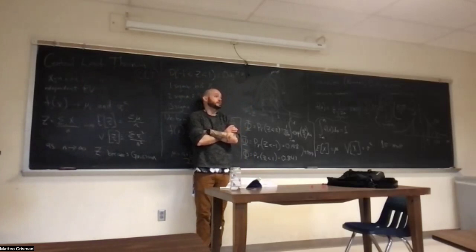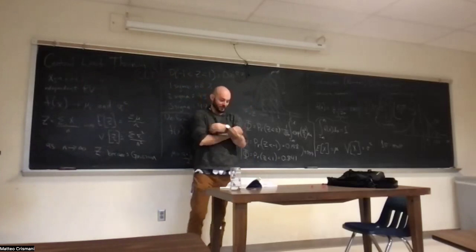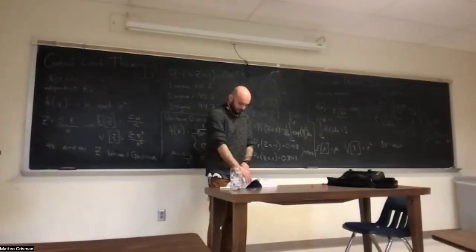But the idea here is that if you take large enough distributions, large enough samples, everything starts looking Gaussian. That's why they're so ubiquitous in science, right?